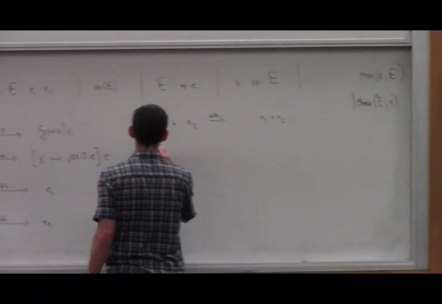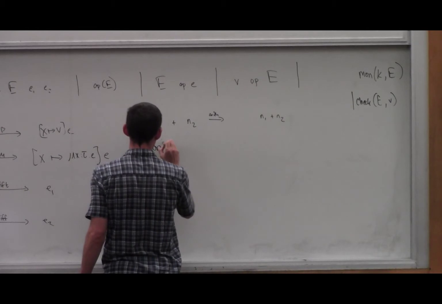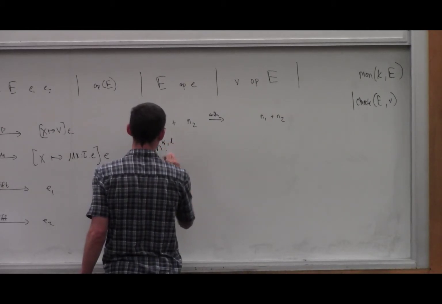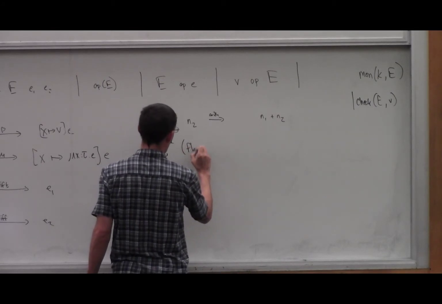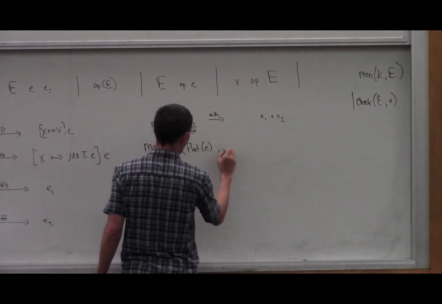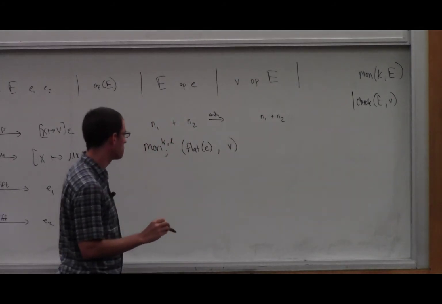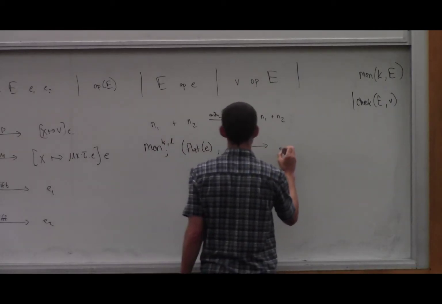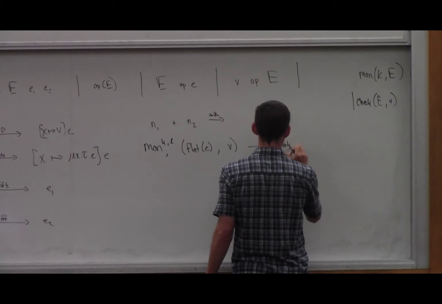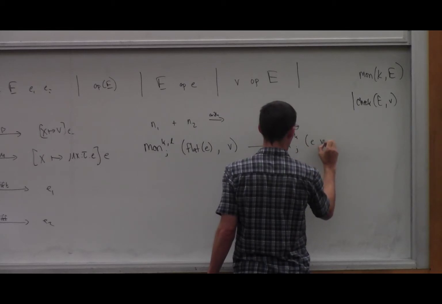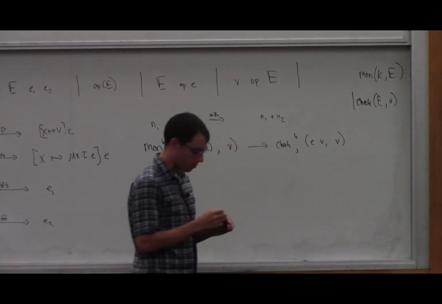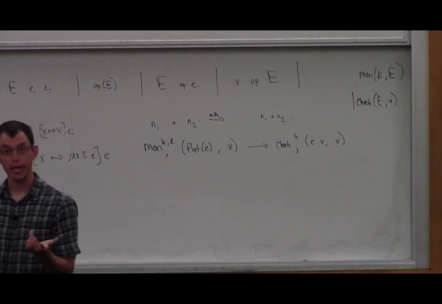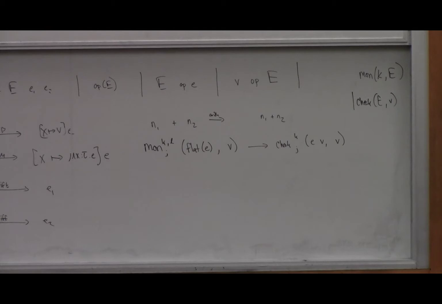If we have a monitor of a flat contract on a value, then this is going to reduce to this check form. Now we already see something interesting here, which is that one of our blame labels disappeared.